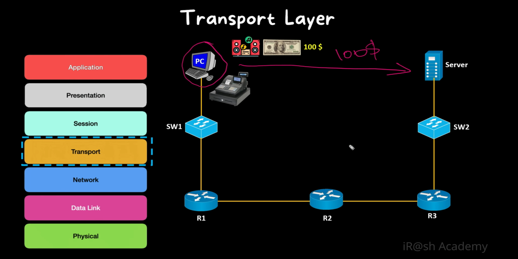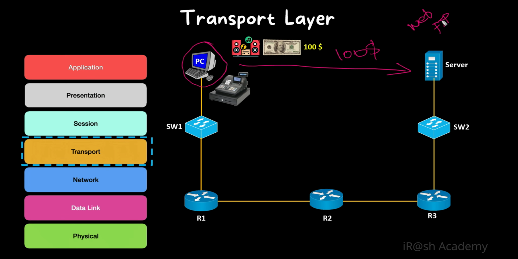Maybe this server is used for multiple purposes. Maybe there is a website hosted on this server, so the server is functioning as a web server, or it may be used as an FTP server. FTP is running on this server, or maybe there is an online gaming platform running on this server.